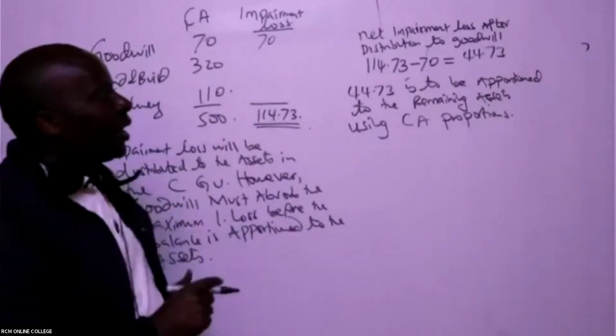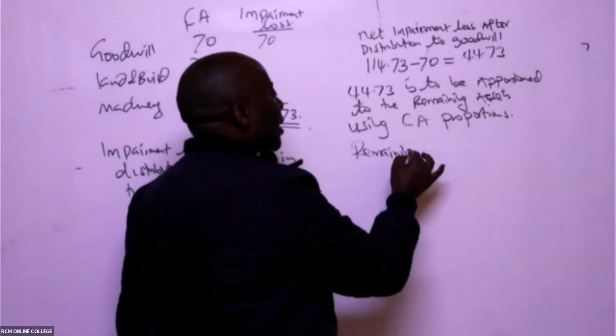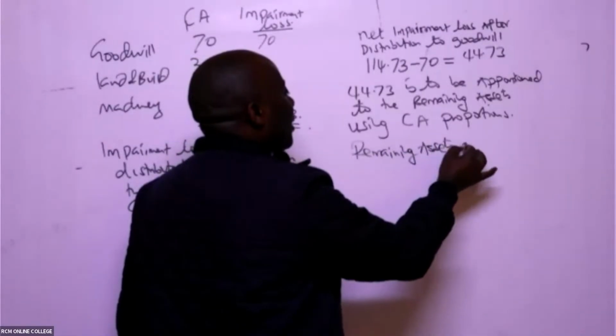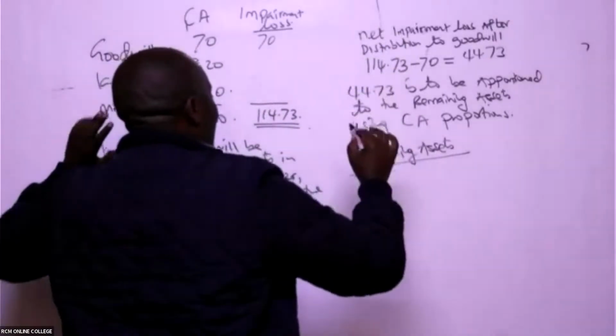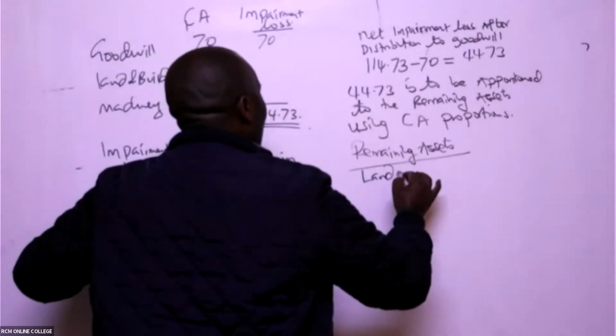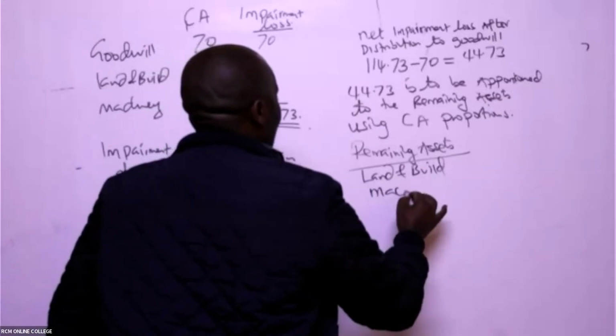So which assets are remaining? Now goodwill is extinguished. Now we have land and buildings, and then we have the machinery.